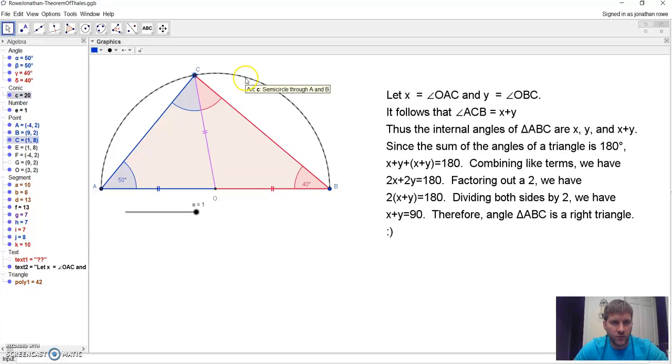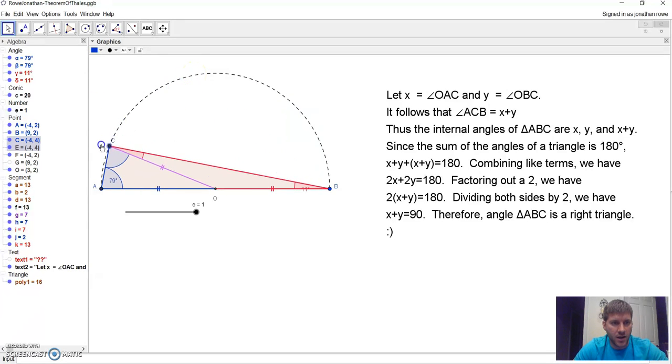So now that we've moved it to a different spot, we now have the angle of 50 and an angle of 40. Well, these two angles are still the same as those. What's 50 plus 40? 90. What if it goes way over here? You can see, can't see it as well now, but I'll tell you what it says. It says 80, and this is 10.